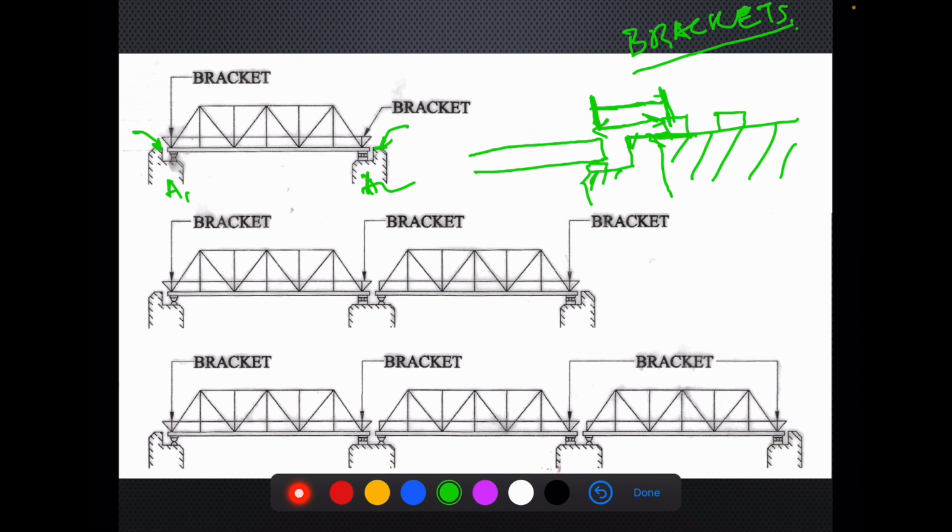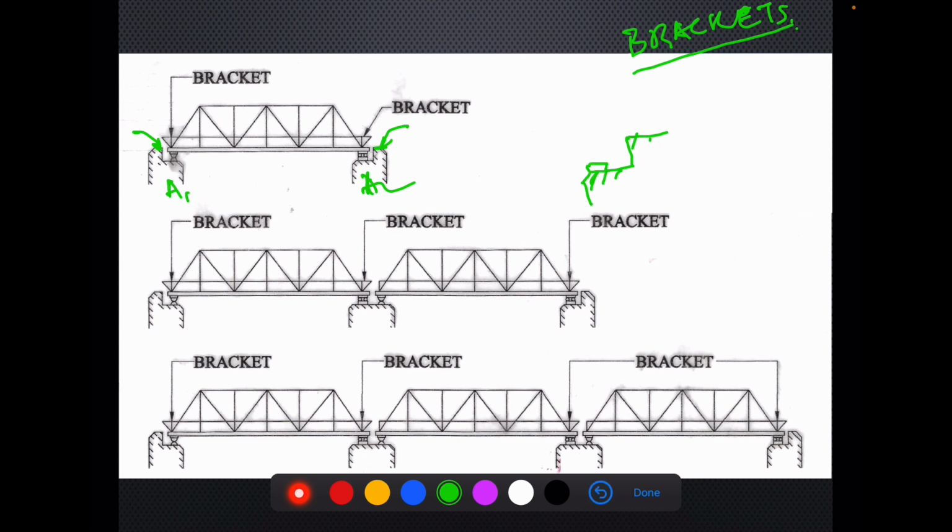So how to cater to this problem? For this, brackets have been designed which are provided at the end of every girder so that the unsupported length of the rail at the end, basically between girder and abutment or pier to pier, if two girders are there on the pier, then girder to girder, does not remain too much.